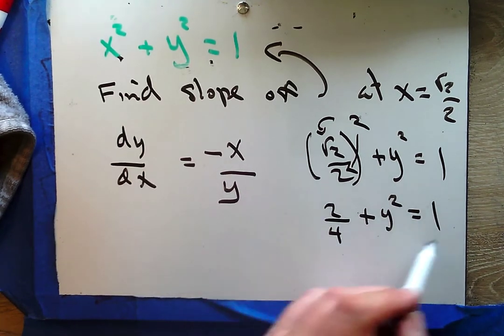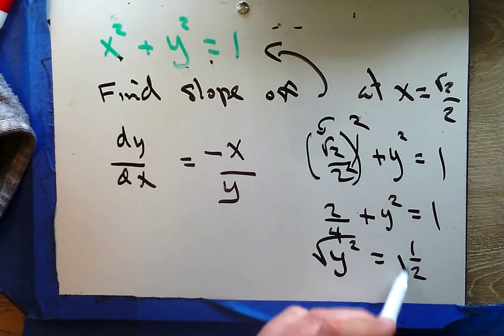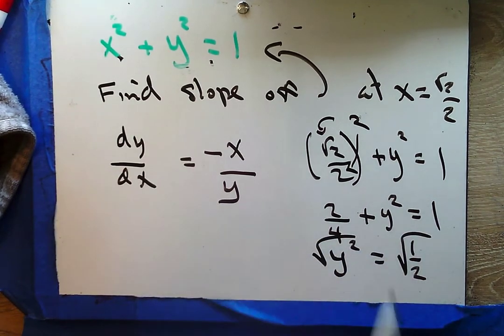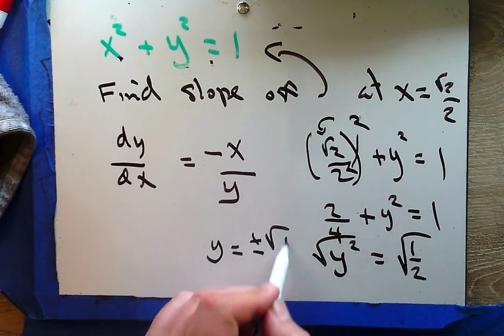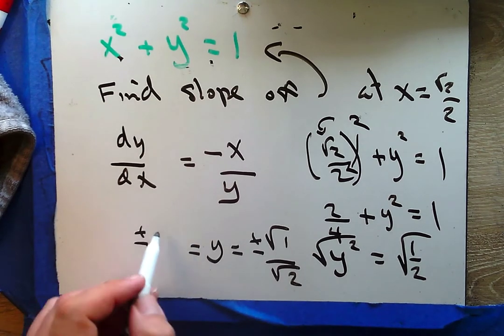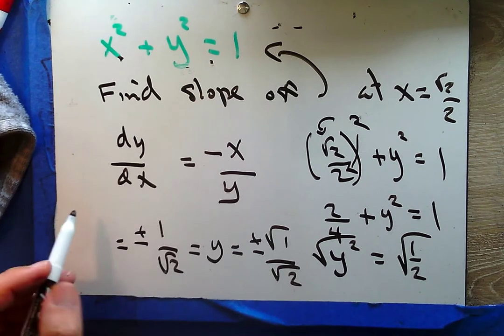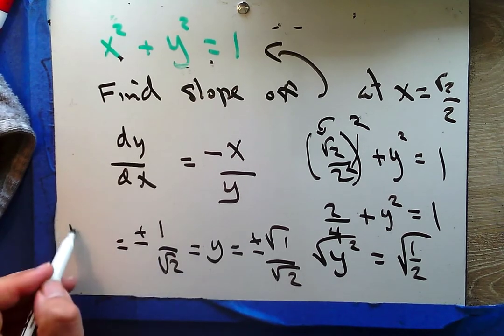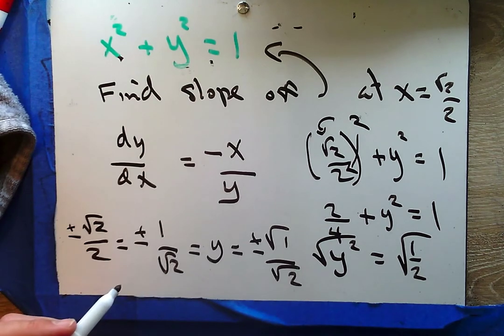So I'm going to subtract 1/2 from both sides. And now I'm going to take the square root. Don't forget, when you take the square root of both sides, you get that plus and minus. And this will be the same as plus and minus 1 over root 2. And you know what that is when you rationalize top and bottom? Root 2 over 2. Oh, look at that.